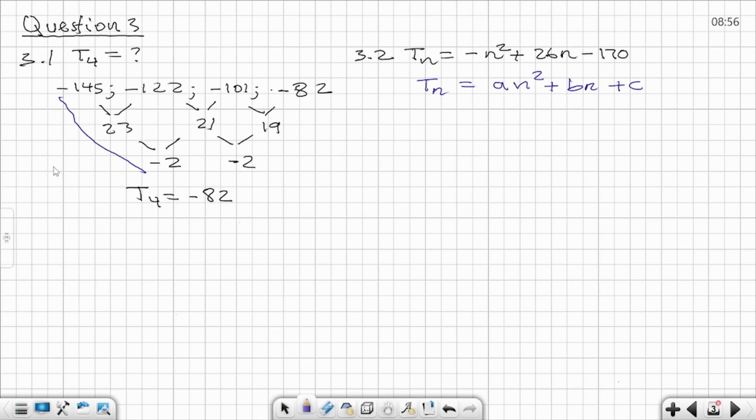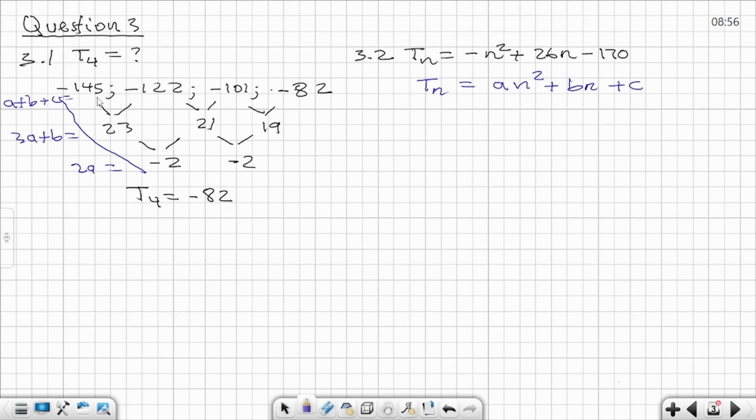Do you agree that negative 2 is equal to 2a, from the lesson we saw? I hope you can remember that. And this 23 is equal to 3a plus b. And the negative 145 is equal to a plus b plus c.